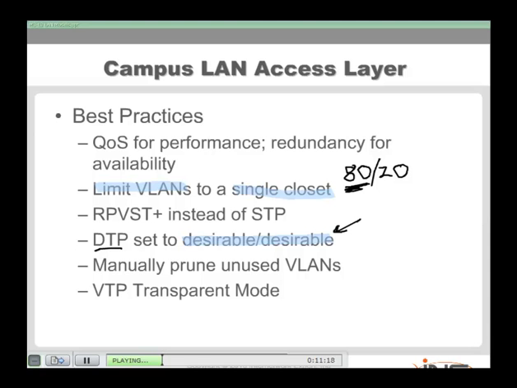We're going to set the trunks to on mode, and we are going to set the trunks to not use DTP. So this is probably a more common recommendation, but we better know for the purposes of this course, the desirable and desirable options are the Cisco recommendation.